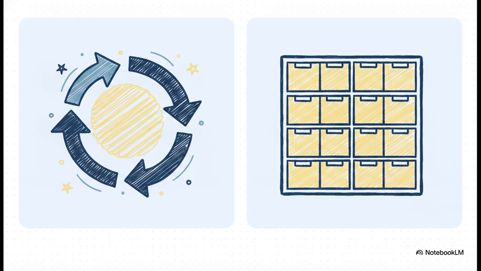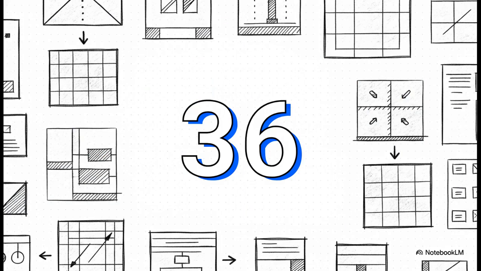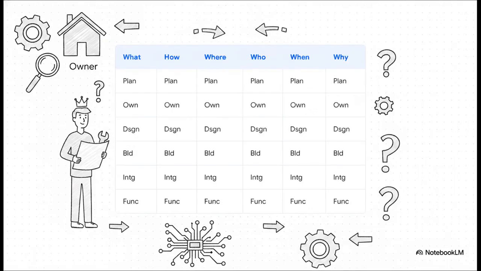Zachman, however, is a taxonomy. It's a classification scheme. It doesn't tell you how to build a single thing. Instead, it provides a rigorous, comprehensive checklist of what you need to build and from whose perspective you should be looking at it. And to really grasp the massive scale of the Zachman taxonomy, you just need to understand one number: 36. Why 36? Well, the Zachman framework is laid out as a 6x6 matrix.